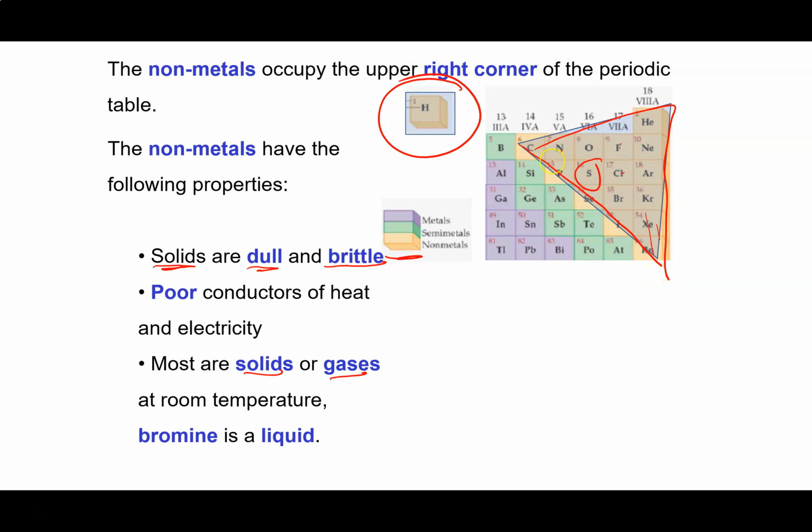And then carbon, phosphorus, sulfur, selenium, and iodine are solids, and bromine, of course, is a liquid. So a mixture of solids and gases with bromine being a liquid. So you get a big variety in the physical state at room temperature. Remember, for the metals, that mercury was a liquid and everything else was a solid.